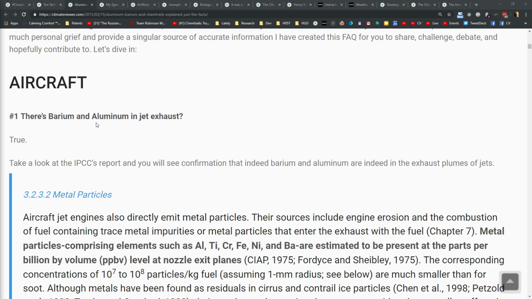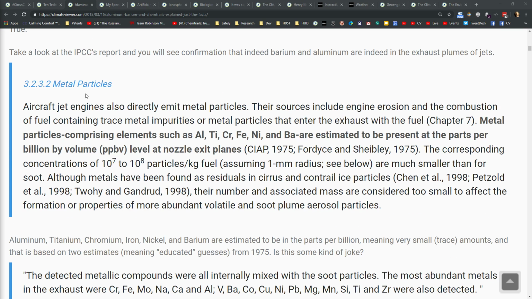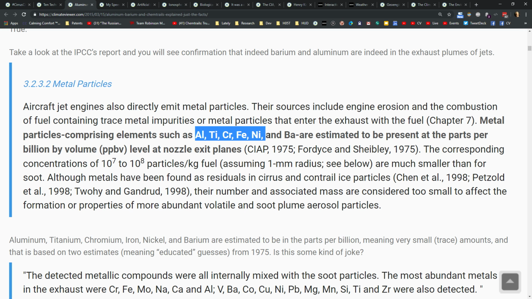Aircraft: there's barium and aluminum in jet exhaust. If you go to the IPCC's report, there's a section called 3.2.3.2, metal particles. And in it, they admit that particles comprising elements such as aluminum, titanium, chromium, iron, nickel, and barium are estimated to be present in the parts per billion by volume level at nozzle exit planes.